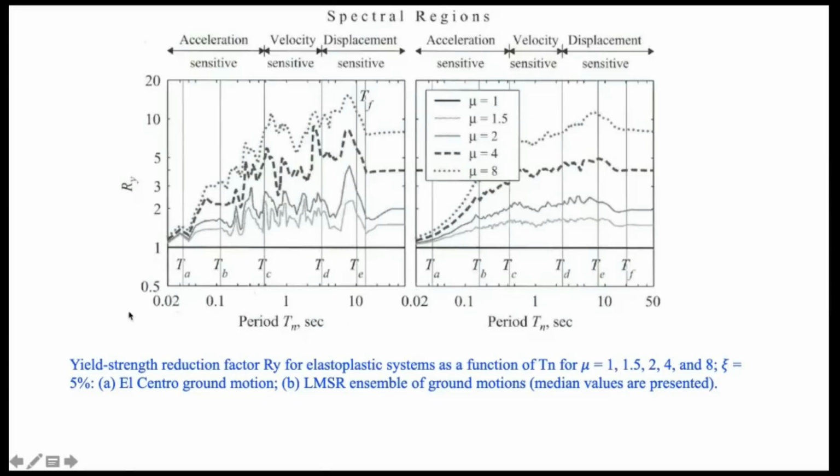For example, if you are very close to 0.02 or even less than that, all these values get equal to 1, no matter how much ductility demand there is. And at a very large vibration period, like here, Ry tends to the ductility. So if you are applying ductility 8, Ry is 8. If you are applying ductility 4, Ry is 4. But in the range Ta to Tf, there is variation.